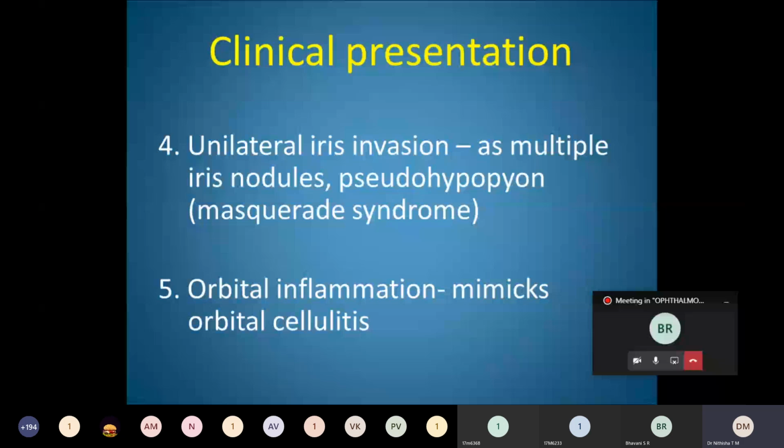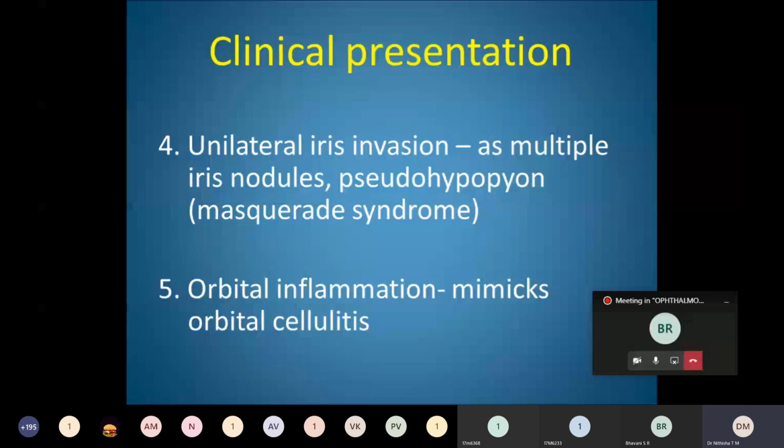A pseudohypopyon is very common in masquerade. Spillover uveitis in the anterior segment is due to posterior segment pathology. That is masquerade syndrome, or it can be due to intraocular tumors.